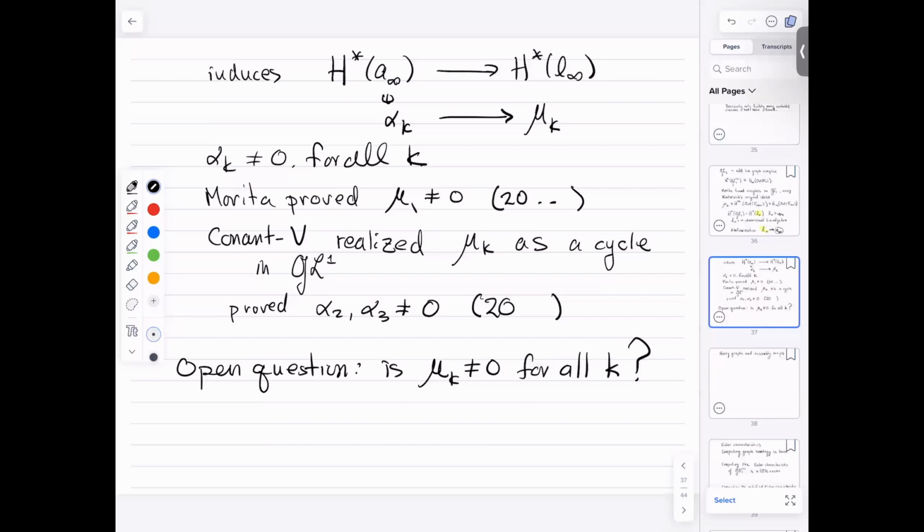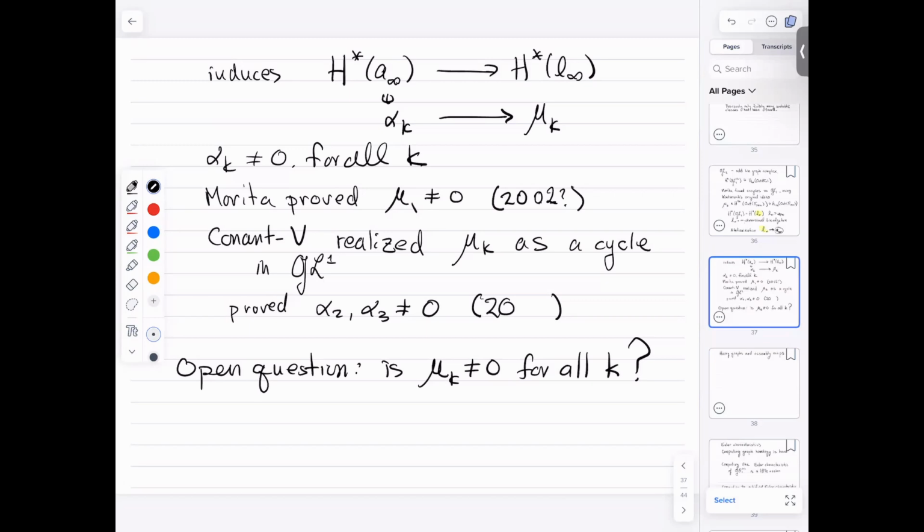And Morita proved that the first one, mu 1, isn't zero. I was going to write down the date, but time got away from me. It's around 2002, maybe. And then later, the cohomology of L infinity is the cohomology of the graph complex.